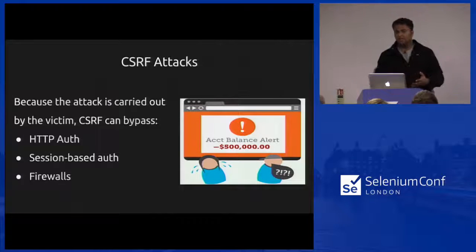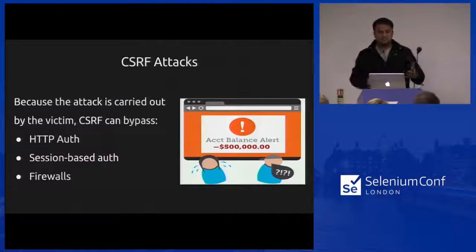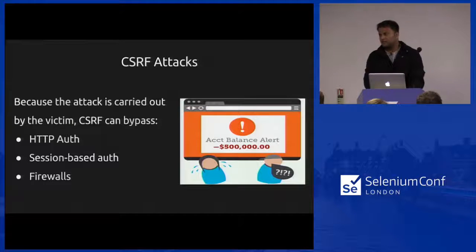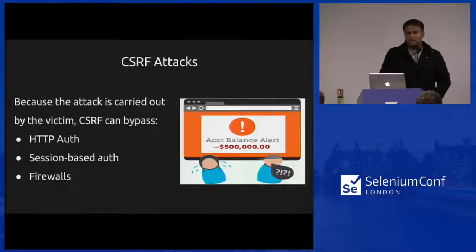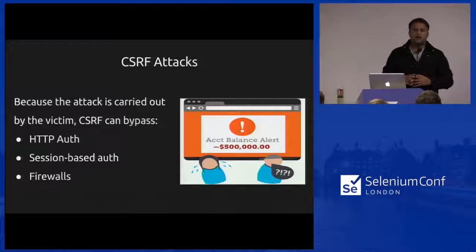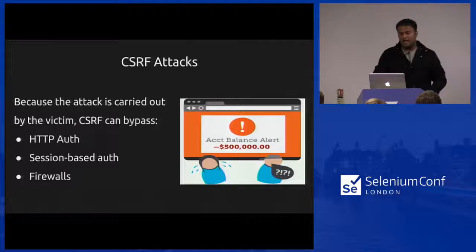And if you're an admin, things can go wrong: it could compromise the whole account if someone could perform admin actions using that. CSRF can bypass HTTP auth, session-based auth, and firewalls, because it forces an end user to execute an unwanted action on the web application in which they are currently authenticated.